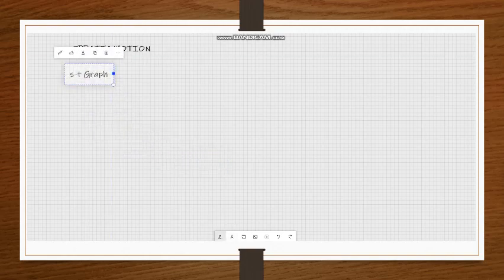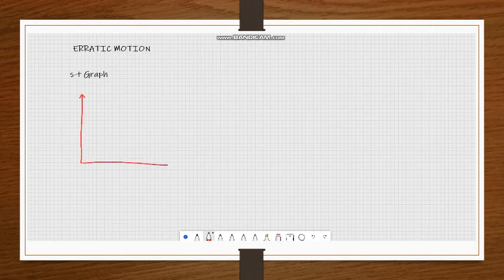Let's draw the S and T graph. So let's say we have time here and we have position on this coordinate, and we know that let's say we have a time and position graph that is like parabolic, like some kind of graph.